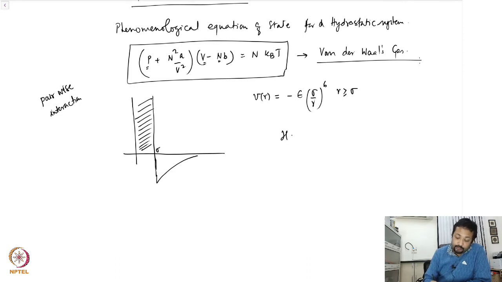The Hamiltonian of the system is given by the sum over i of p_i² over 2m plus the sum over i, j with i less than j, V(r_ij). Now this is one way of writing it down, but with the restriction that i must be less than j, this essentially ensures that there is no double counting of pairwise interaction.